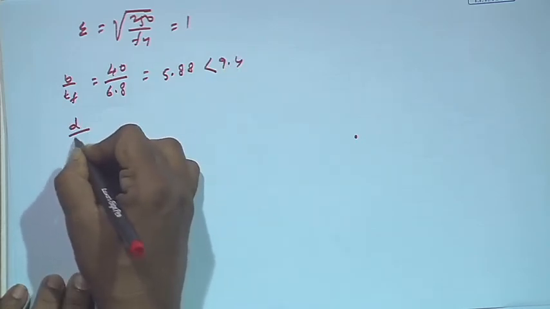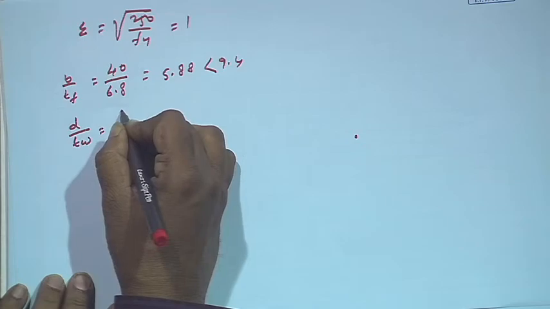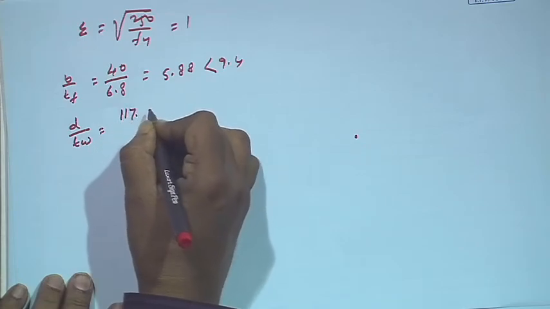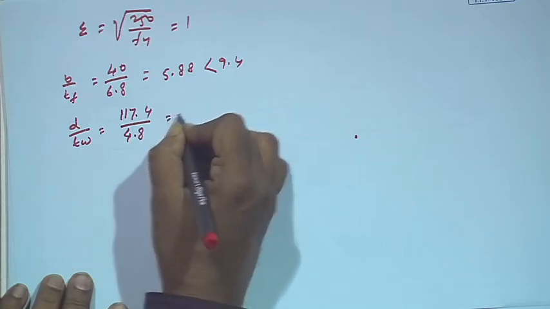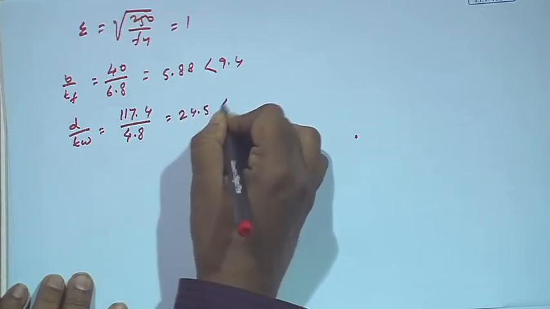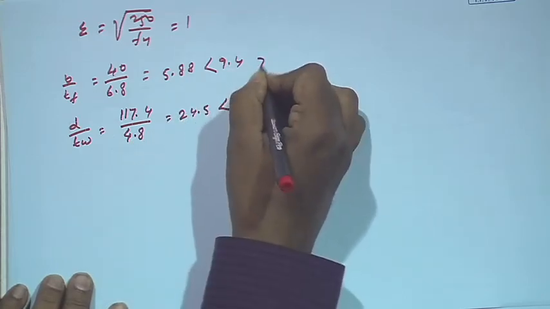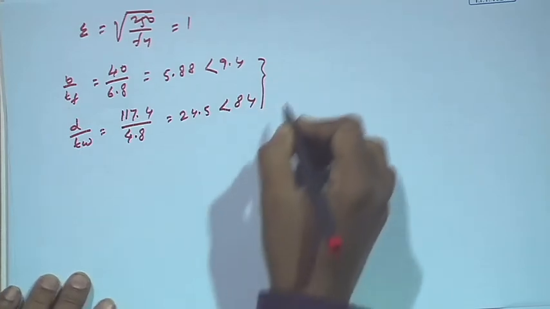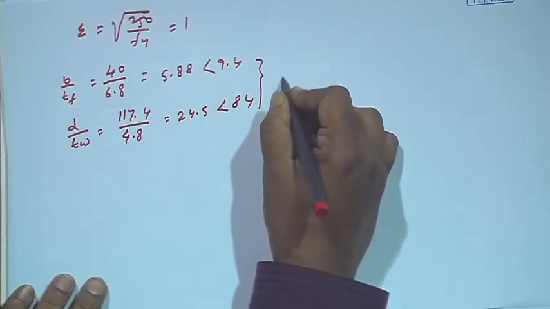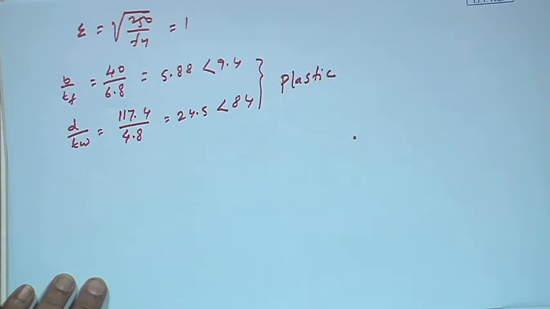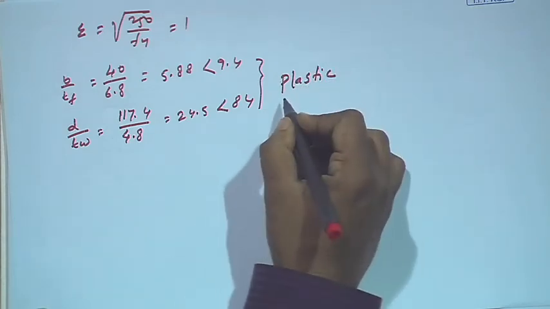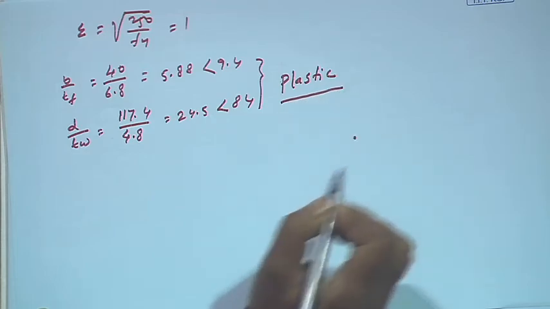And d by tw: d we have considered as 117.4 by tw 4.8, so 24.5, less than 84. So, from this we can say that the section is plastic.